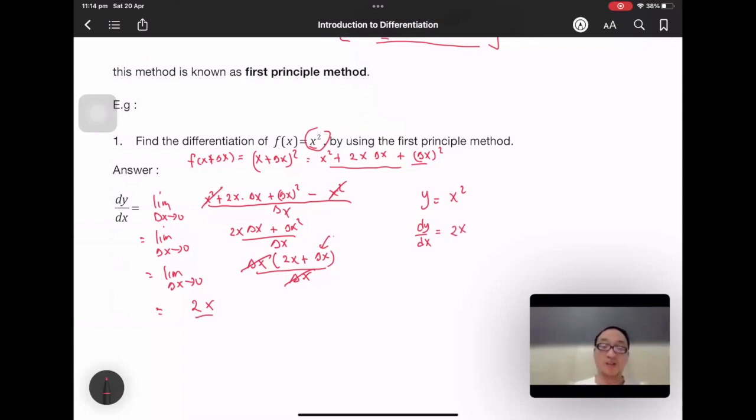By using this method, this is a differentiation. How you derive the function to get dy/dx, the derivative. So if we have x squared, we will have the differentiation of 2x.